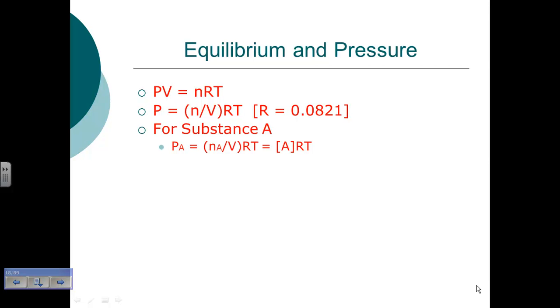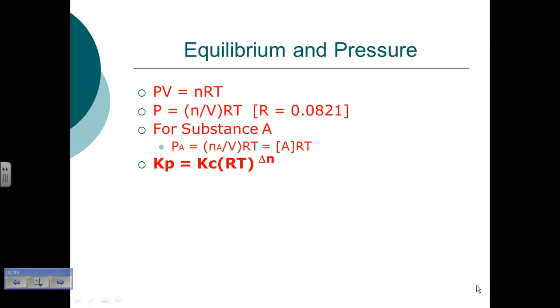Moles per liter gives us a bracket, and that's molar units, so the pressure for substance A is now written as the bracket of A times RT. The bracket means molar units: the concentration of substance A in molarity times R times T. R is 0.0821 and T is the Kelvin temperature. So we just rearranged a little PV equals nRT.